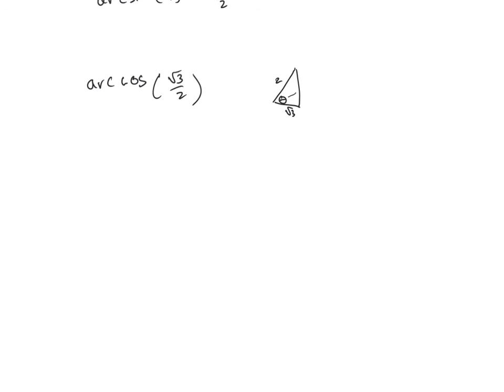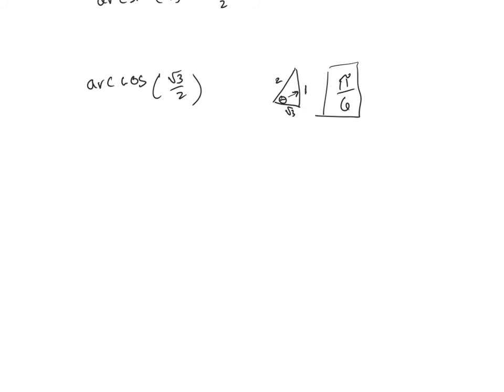Then the opposite of this would be 1. So I'm dealing with 30 degrees since it pairs up with my 1. 30 degrees, and this is positive, being pi over 6. So my answer is pi over 6.